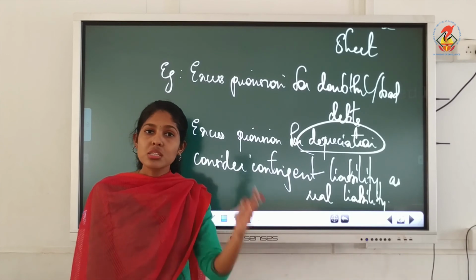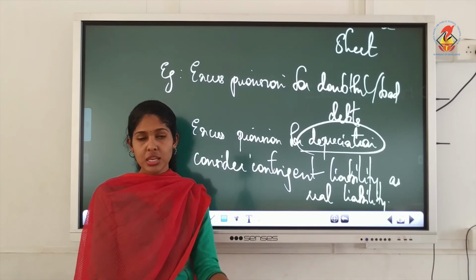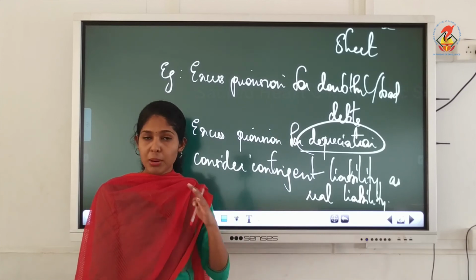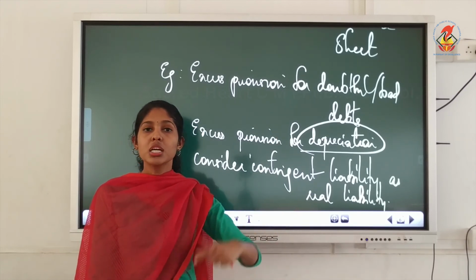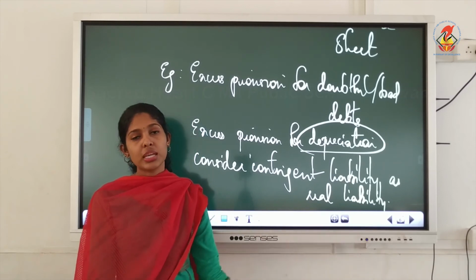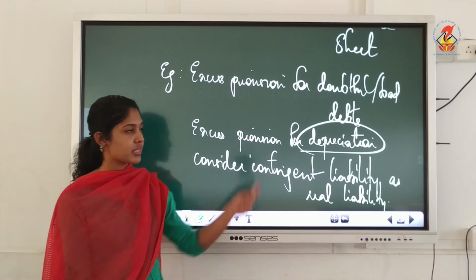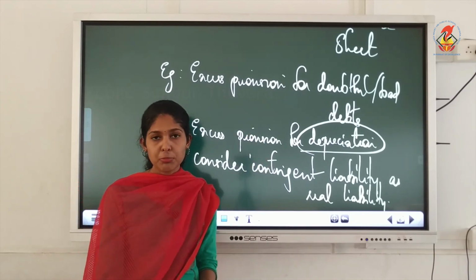But actually it has not become a liability, and you don't have to provide for such liabilities, but you considered it a real liability and kept a reserve for that. That way it leads to creation of secret reserve. So at least these three examples you keep in your mind.